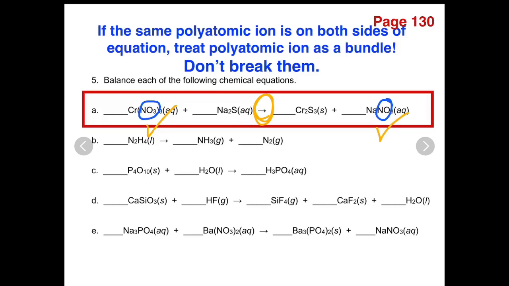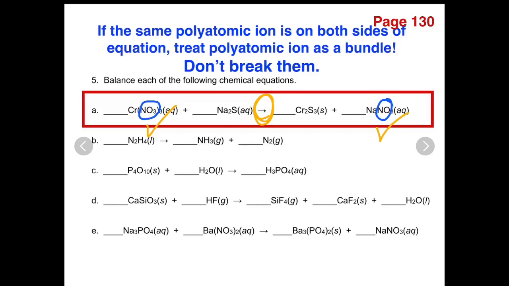In order to avoid complication, what you are going to do is keep them together as a bundle. You do not break them. Keep nitrate as a whole bundle. You're going to treat nitrate as a whole group.